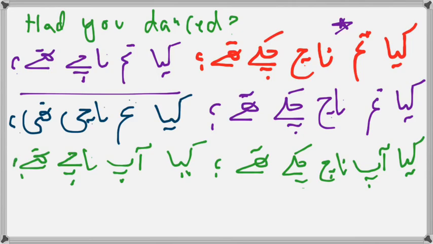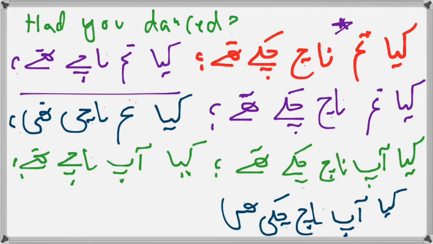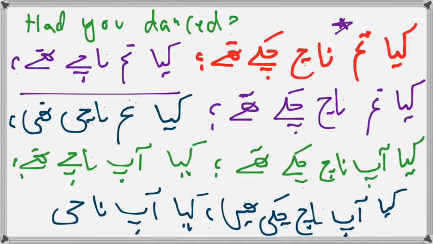And when we want to talk to a female, then we will ask क्या आप नाच चुकी थी? और क्या आप नाची थी? क्या आप नाच चुके थे, क्या आप नाच चुकी थी, क्या आप नाची थी, क्या आप नाचे थे.